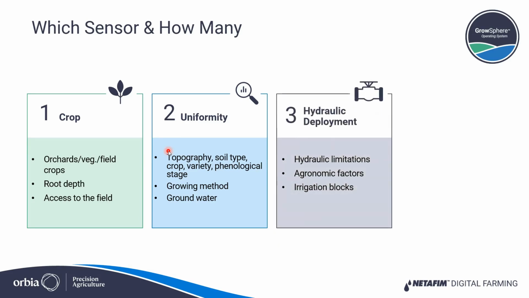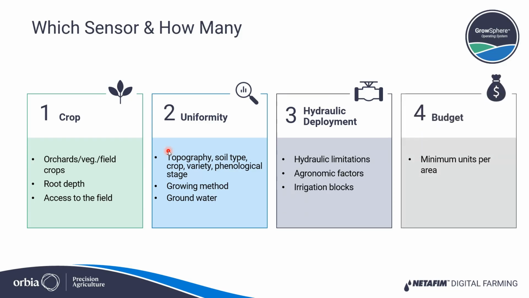We have the hydraulic deployment. If you have hydraulic limitation, or you split your field to some irrigation blocks according to different factors, like the crop, age, and variety. If you have blocks that require different irrigation scheduling, it will be good to monitor each one of them separately.